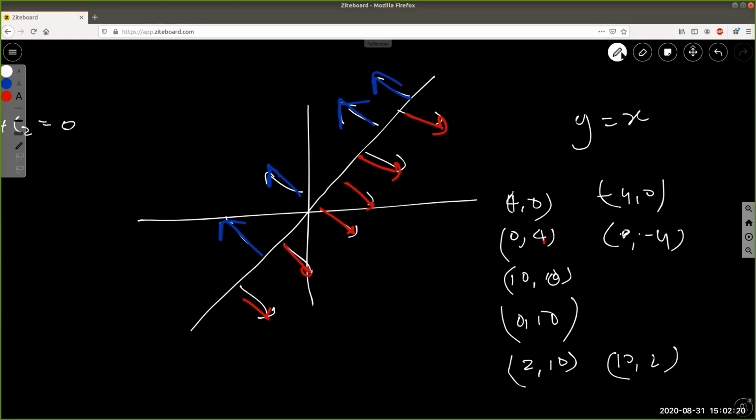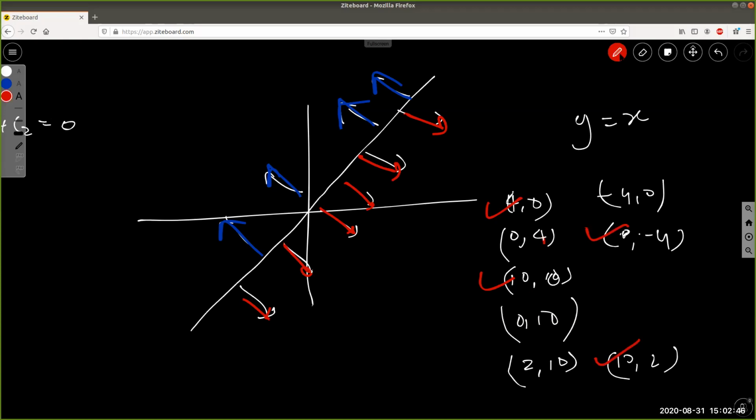You have to tell me which of these points are on the red side. 4, 0; 10, 0; 0, minus 4 is on the red side, yes, correct. And 10, 2.